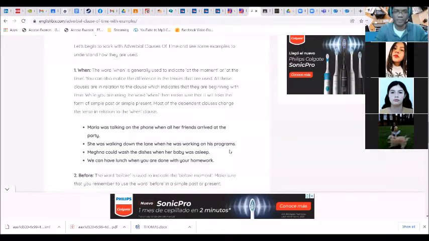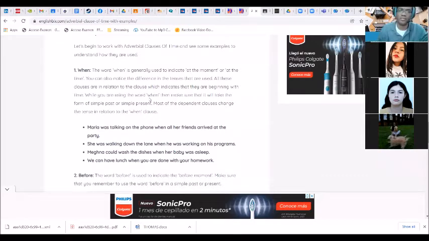Yes, teacher. When. The word when is generally used to indicate at the moment or at the time. You can also notice the difference in the tenses that are used. All these clauses are in relation to the clause which indicates that they are beginning with time.